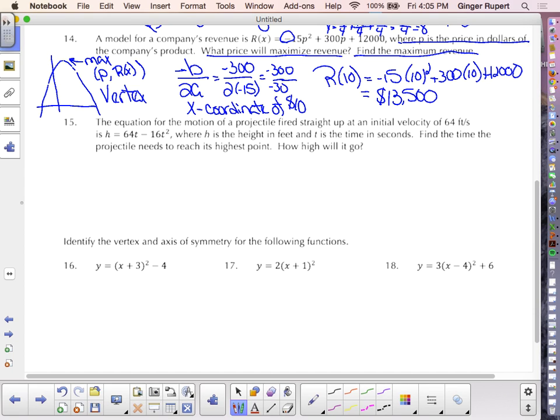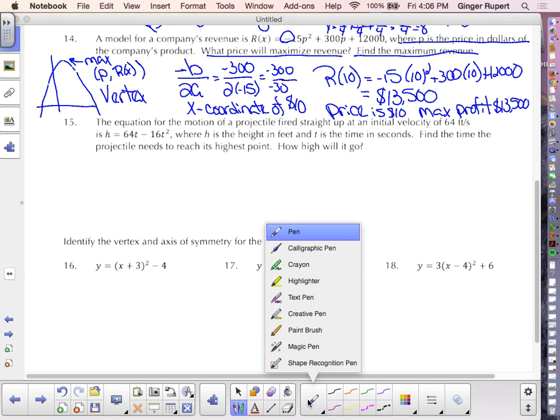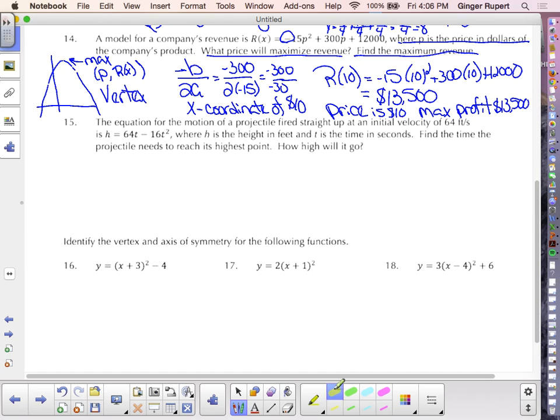So to answer the question, the price that maximizes profit is $10, and the max profit is $13,500. Don't forget to answer the question when you do those, okay? So this is the answer to the question you were asked.